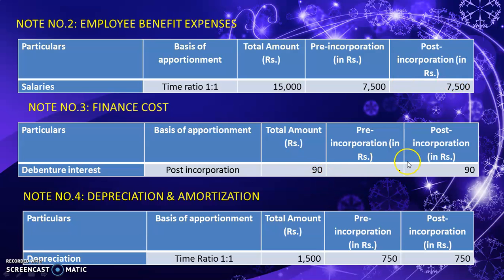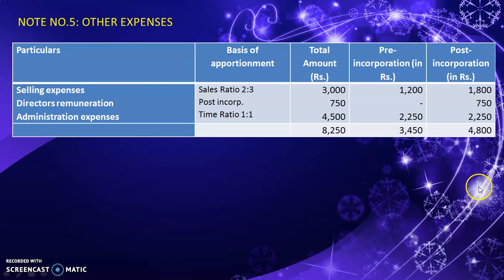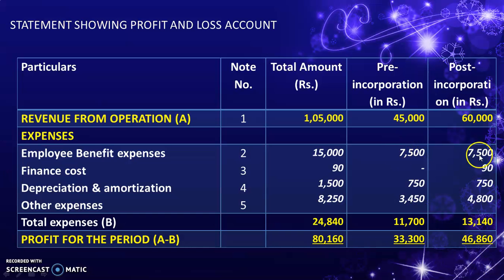Note number 3, 90, entire to post incorporation. Note number 4, 1,500, 750, 750. And note number 5, 8,250, 3,450, 4,800. So everything is posted into the statement.